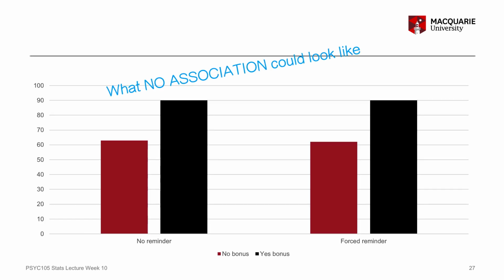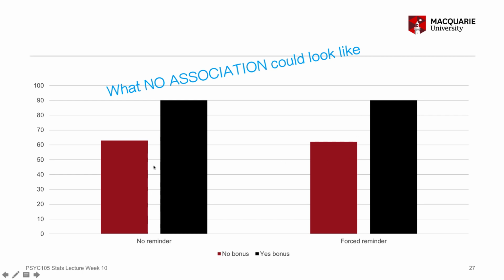This is using the same example, but the data are different just to represent a different pattern of results that we could see. This is an example of what no association could look like. It's not so much about how high each of the bars are for each of the four different groups. What it's about is the representation of the red versus the black bars in one group compared to the red versus the black bars in the other group.